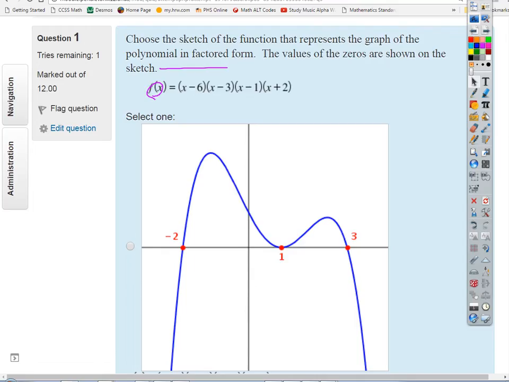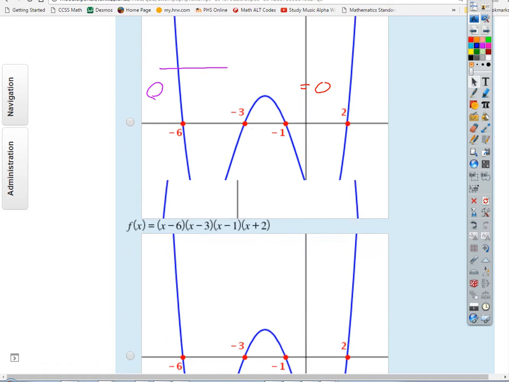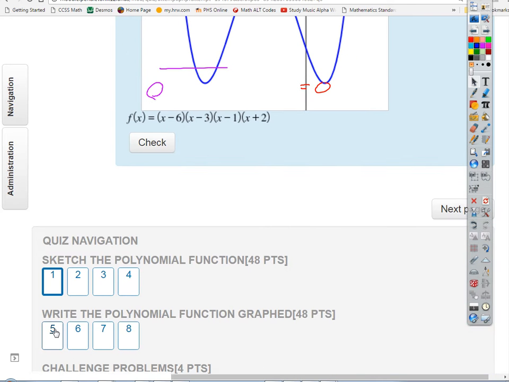Everybody agree? We get those by setting the function equal to 0 and solving using the zero product property. The 0 of that factor is 6, the 0 of that factor is 3, the 0 of that factor is 1, and that factor gives us a 0 of -2. Okay, hold that thought. Now, what if we go back to this problem?